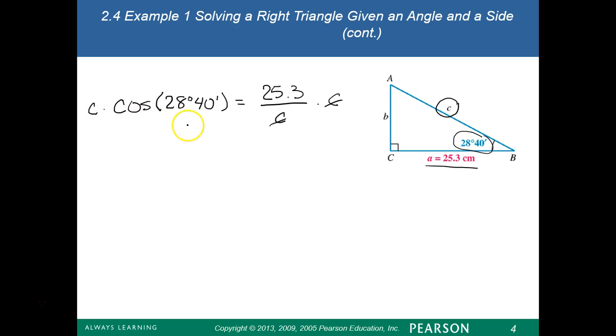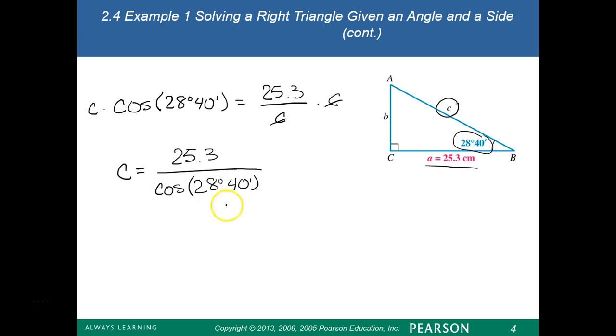Now we have C times cosine of this angle equals 25.3. Well, now divide both sides by the cosine of 28 degrees and 40 minutes. And when we do that, we get C is equal to 25.3 divided by the cosine of 28 degrees and 40 minutes.